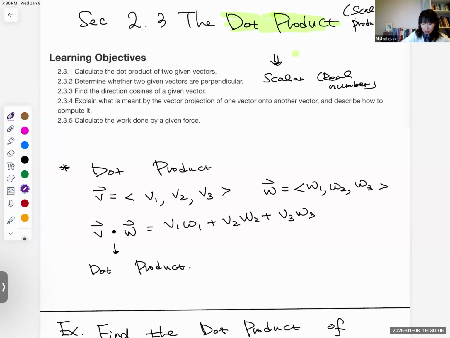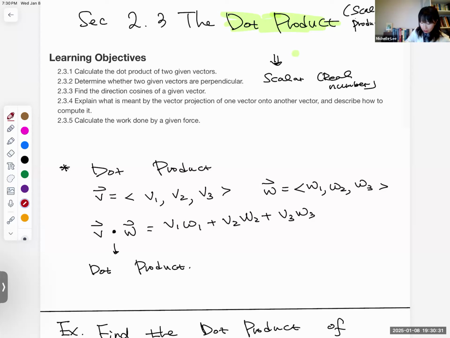And if we make an operation with the two vectors with a dot product, then we multiply component with the component, and we add everything together. Then we get what is called a scalar, right?